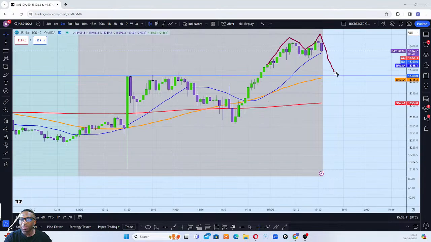So we expect a pullback, forming more or less a narrow state before it continues going up, or if it changes its mind to go downwards, this could be the beginning. Okay, that's cool.